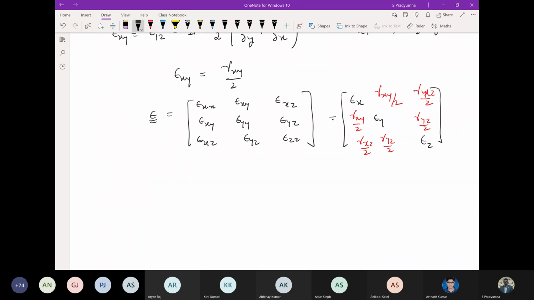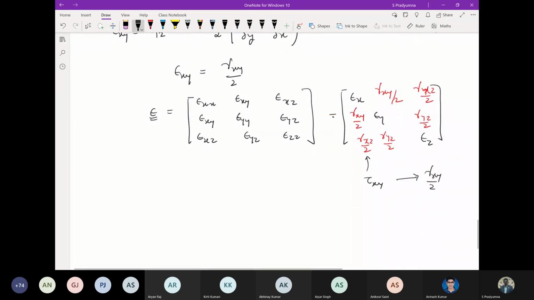So now I am sure you are familiar with what is different in case of the stress vector and the strain vector. In place of tau xy, you write gamma xy by 2, right? I'm not saying they are equal, but the replacement is just divided by half because of the tensorial representation we are making here.